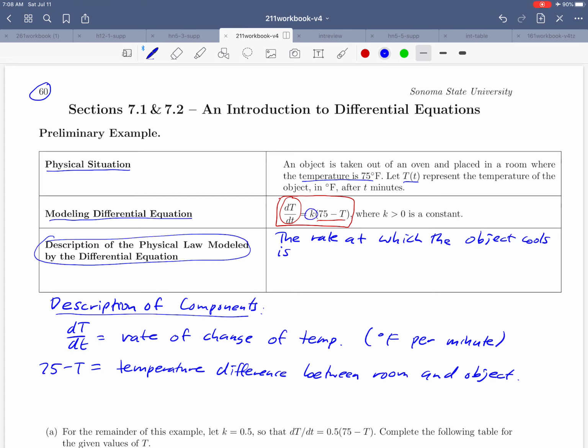Well, there's a constant times this temperature difference that we talked about below. The way of saying that mathematically is to call that k a proportionality constant. So we could say that it's proportional to the temperature difference.